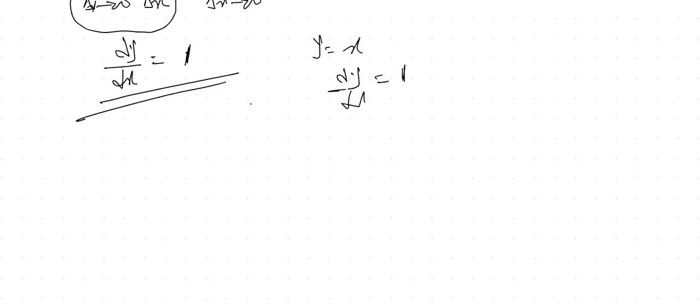All right, let's take another example. Now let's say that you have y is equal to x squared, for example. Now I told you that in place of y, you are going to put y plus change in y, and in place of x, you put x plus change in x.